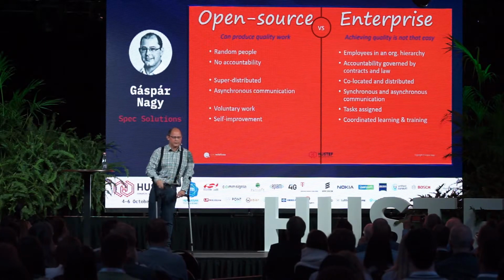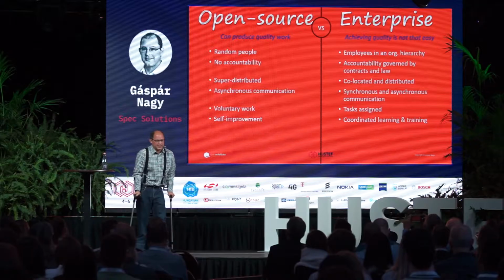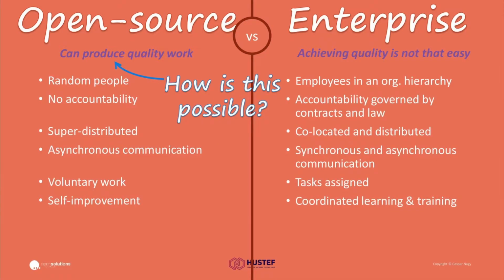In my original version of the slide, I had a much harsher sentence for that, but so for me, that was very surprising. So how can this be possible that with such conditions, open source projects can still be successful?